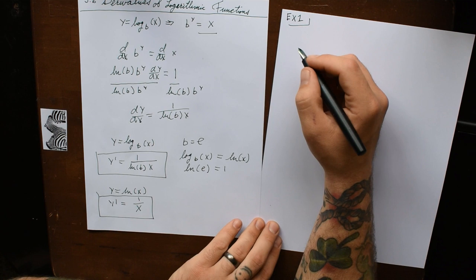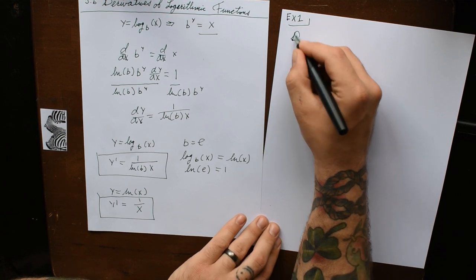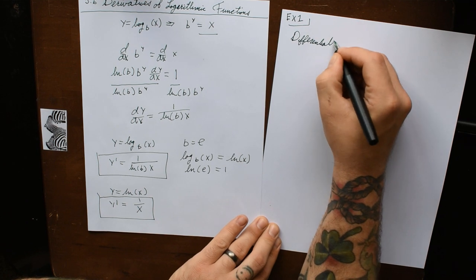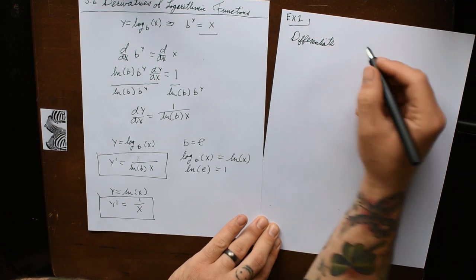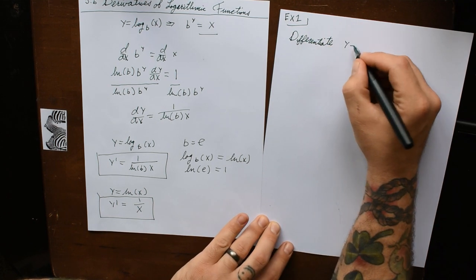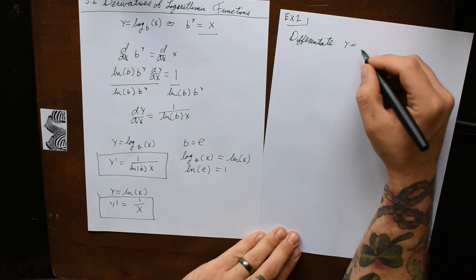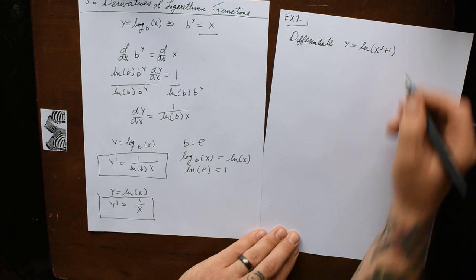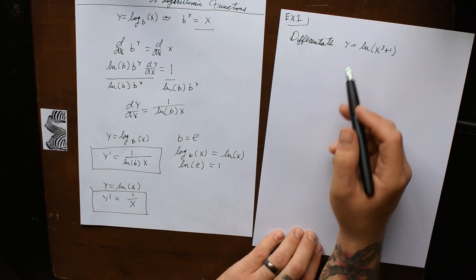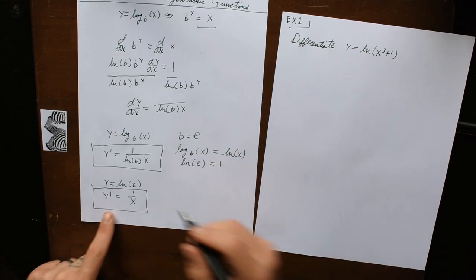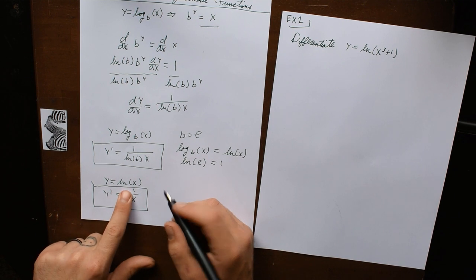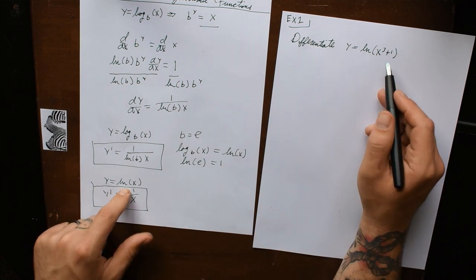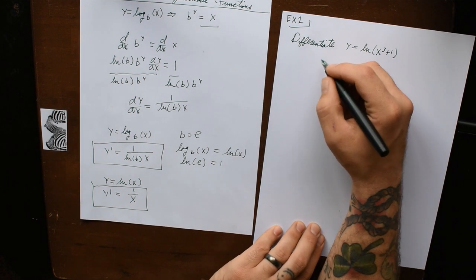Example 1. We want to differentiate y equals the natural log of x cubed plus 1. So we're going to take the derivative of y equals the natural log of x, but in this case we have the natural log of x cubed plus 1. We're going to have to use our chain rule.